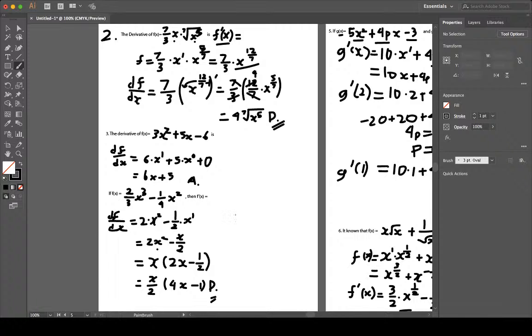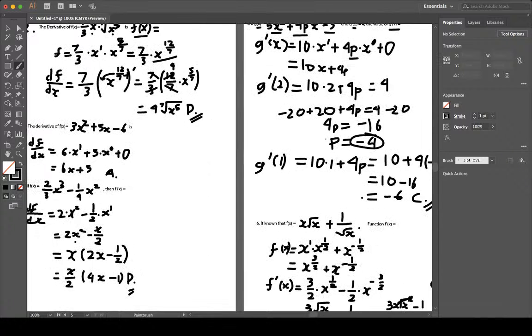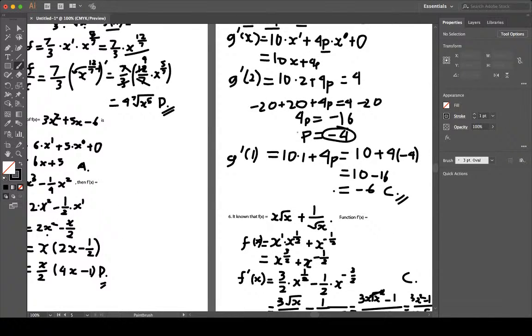Basically, taking the derivative is something very easy to do as long as you know the tricks.